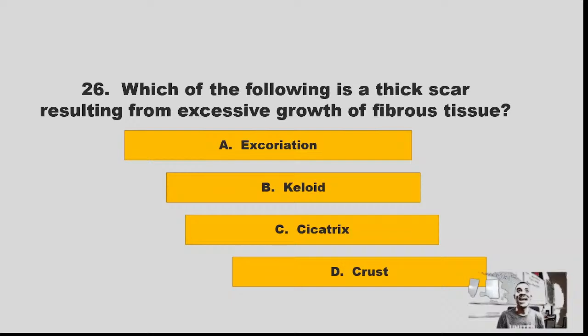Good job. Which of the following is a thick scar resulting from excessive growth of fibrous tissue? So is it an excoriation? Is it a keloid? Is it a cicatrix? Or is it a crust? Which of the following is a thick scar resulting from excessive growth of fibrous tissue?